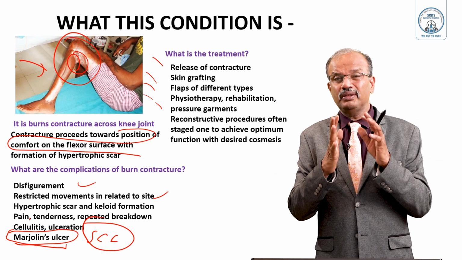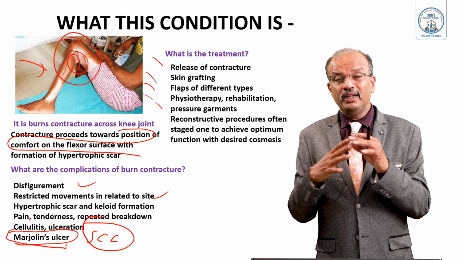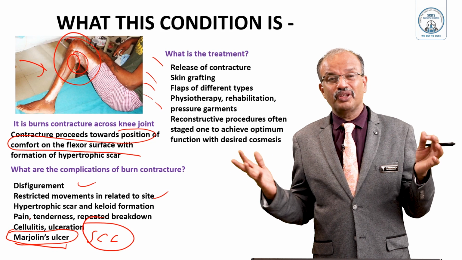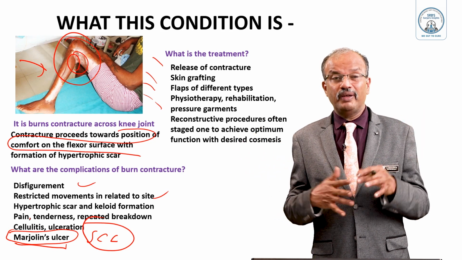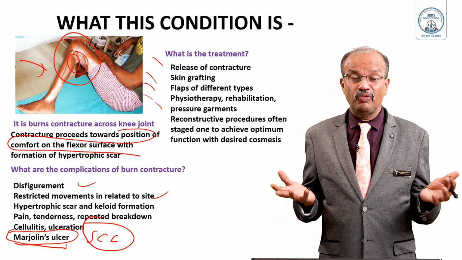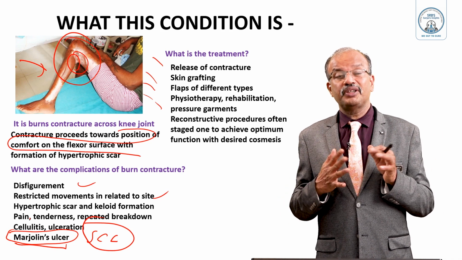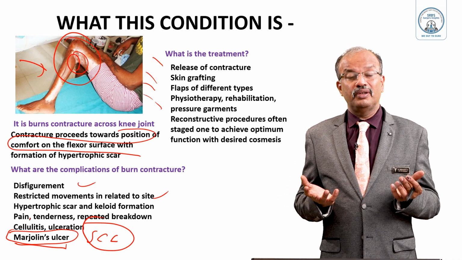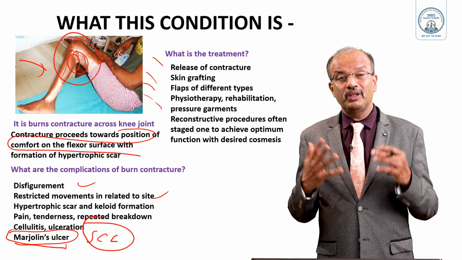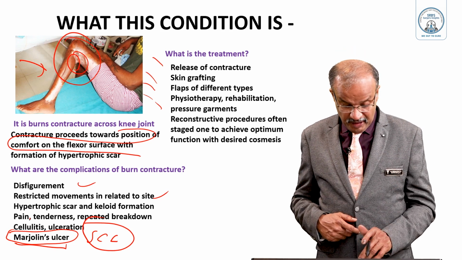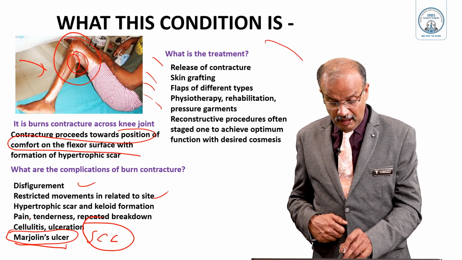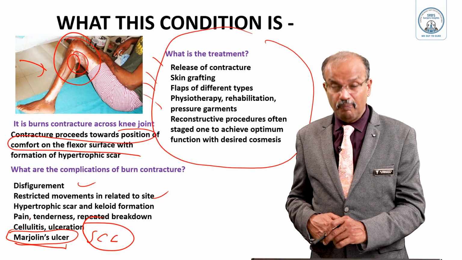So it is not one procedure that fixes everything. You have to do repeatedly one, two, three, four surgeries to make the disfigurement better and functionally better. Function is also important, cosmetics is also important, and reasonable correction of the disfigurement is also important. Eventually physiotherapy and rehabilitation are all important. It is a very complex method, usually treated by a plastic surgeon.